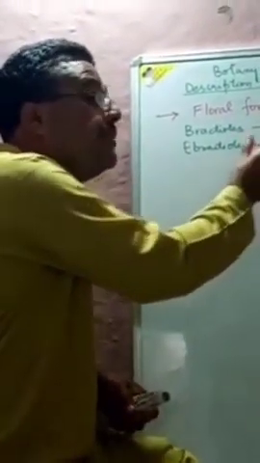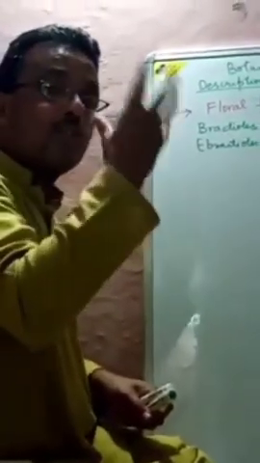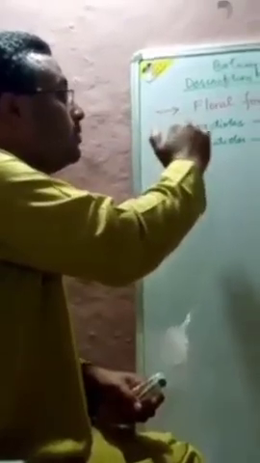Sometimes we see that in the floral formula we write neither BR nor EBR. Then we take it for granted. If we do not write BR in the floral formula, that simply means bracteoles are absent, and then we do not need this term.